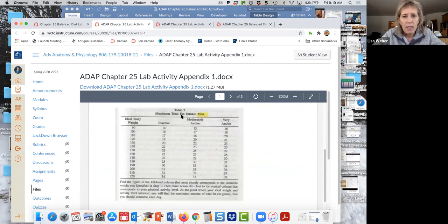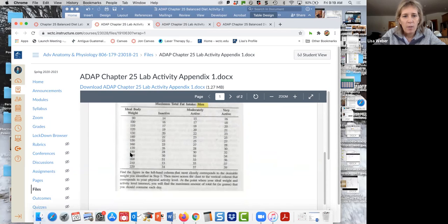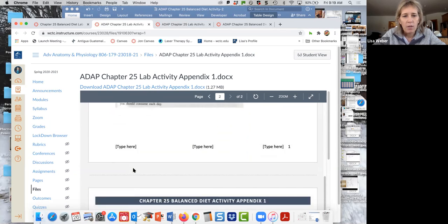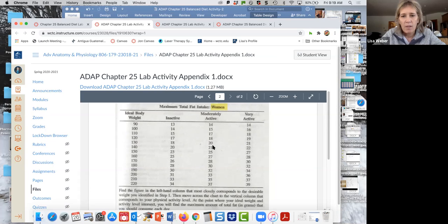And then you're looking at the total maximum fat intake that a person should have. So you find your ideal body weight, and then you go to whether you're a male or a female, what's your ideal body weight going to be? And then depending on your activity level, this is going to be how many grams of fat you should be taking in with cardiovascular disease.